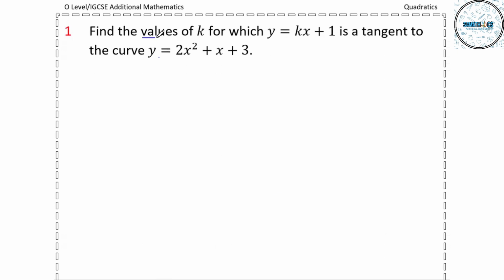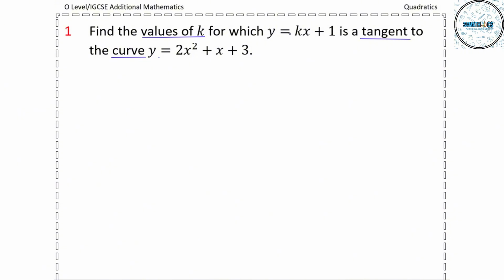Let's do some questions. Find the values of k for which y is equal to kx plus 1 is a tangent to the curve. As there are two equations given, and we have to find the values of k, which is there in the equation of line, the first step is to solve these two equations simultaneously.